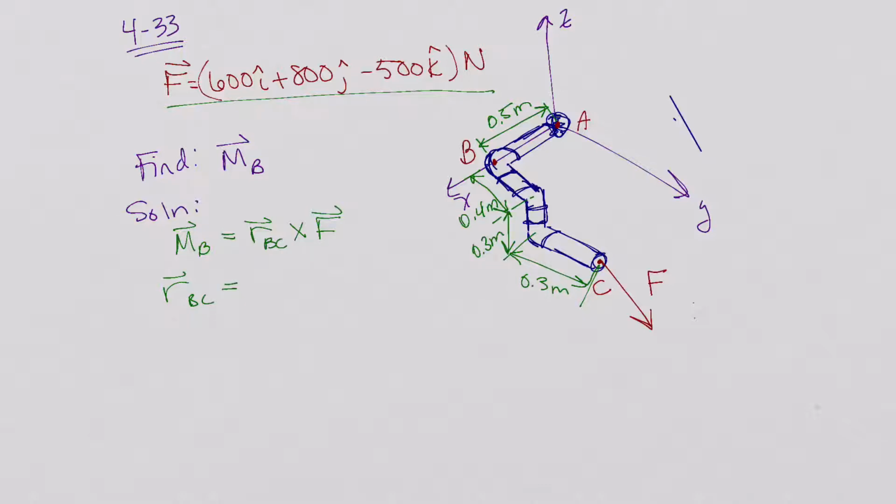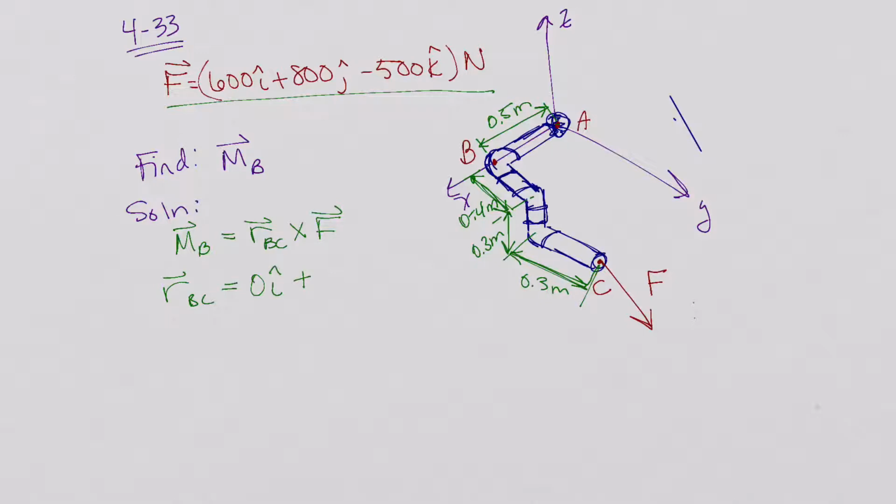But for this one, we start at B, and then we need to go to C. So from B to C, it looks like 0 in the I direction. Then in the Y direction, we go 0.4 meters, and then we go again 0.3 meters. It's a little tricky the way it steps down.